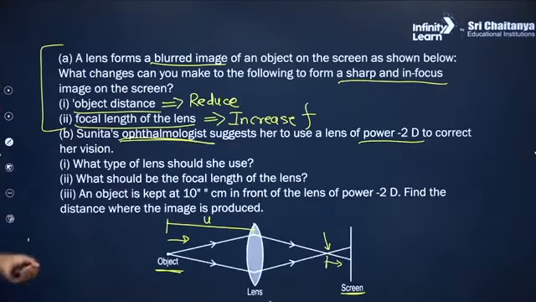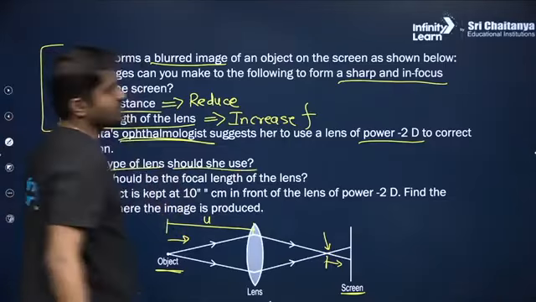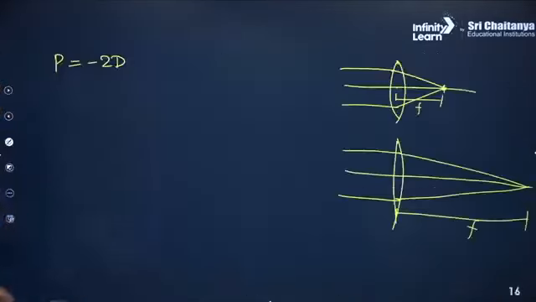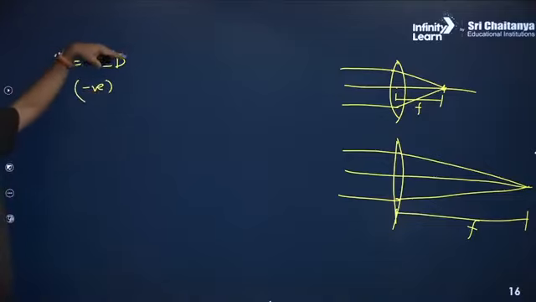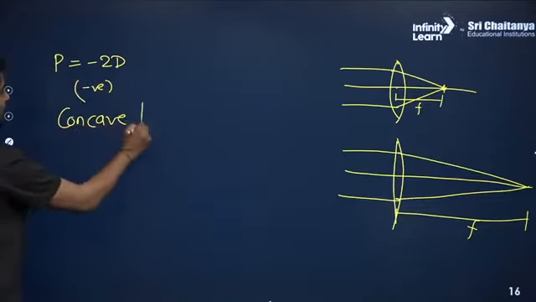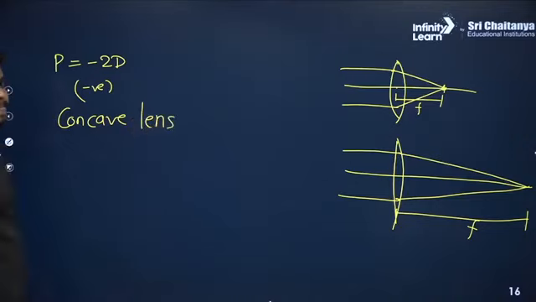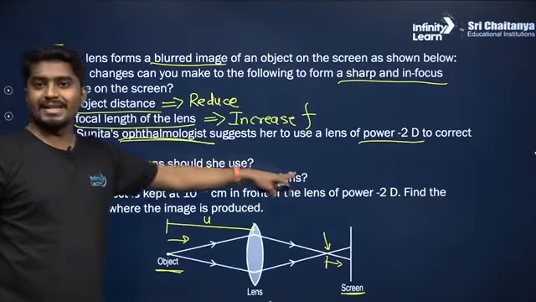Okay, so now what type of lens should she use? There is a negative -2, there is a negative power. So what type of lens it is? It is a concave lens. Okay, there is the answer for the first one. What should be the focal length of the lens?